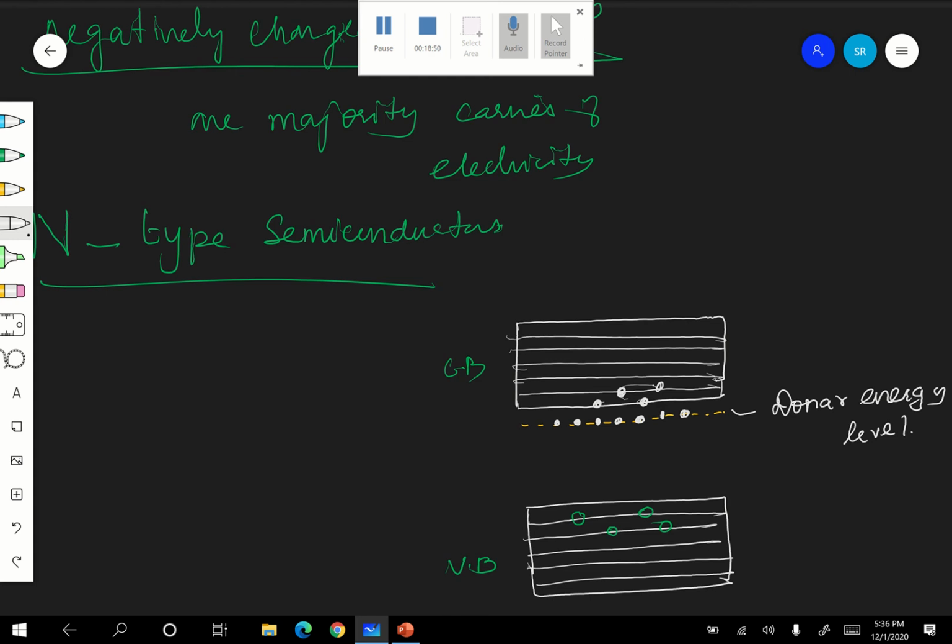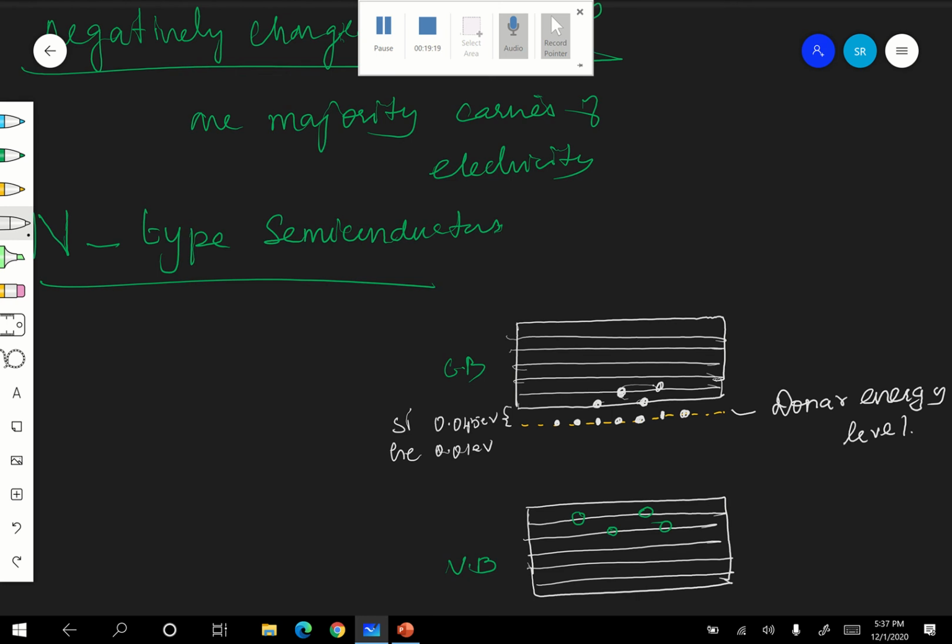Now, very easy: what is the gap between the donor energy level and the lowest energy level of the conduction band? For silicon it is 0.045 electron volt, and for germanium it is 0.01 electron volt. A very, very small gap.